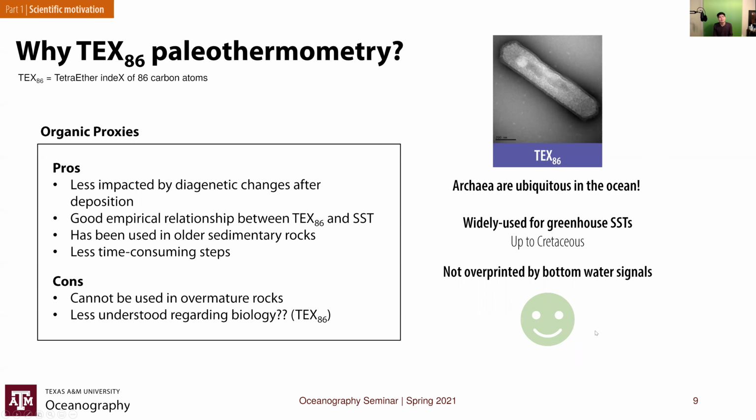And let's talk a little bit about why I chose TEX86 over other temperature proxies. Even though there are a lot of temperature proxies available in the paleoclimate community, TEX86 is good for reconstructing the sea surface temperature in very old geologic time intervals. It's less impacted by the diagenesis after deposition. It also shows a good relationship between the TEX86 values and sea surface temperature, as you saw on the previous slide.